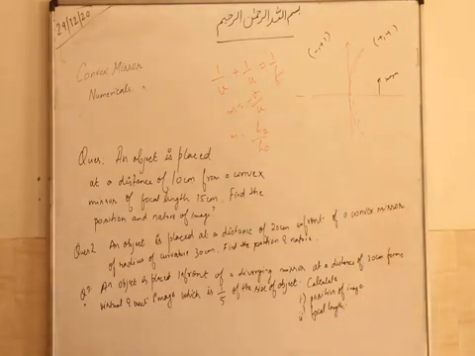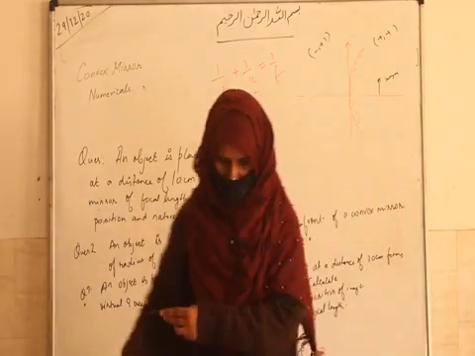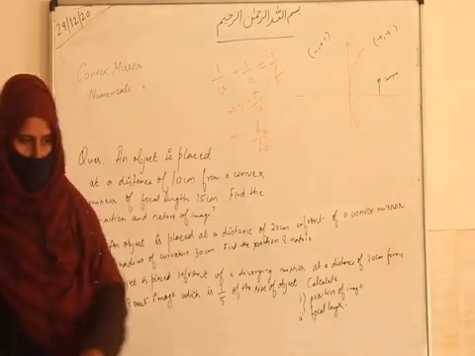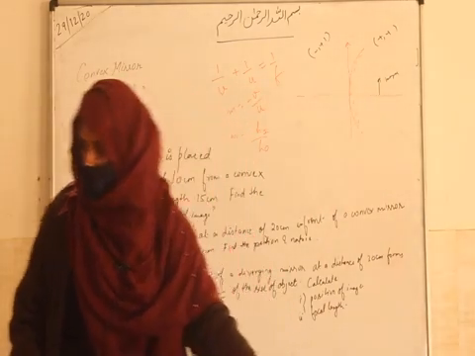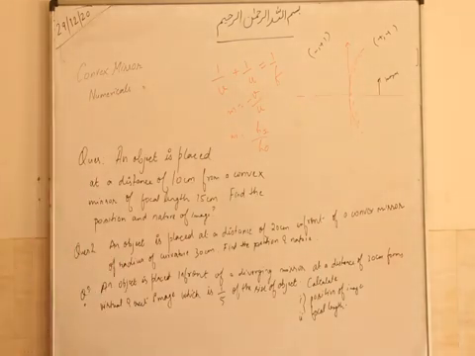It's positive. Then 1 by 5 will be the magnification. So you want to find v and u, so again you will apply the formula.